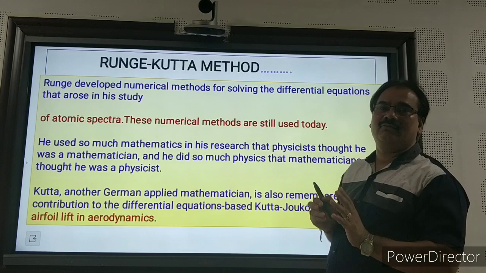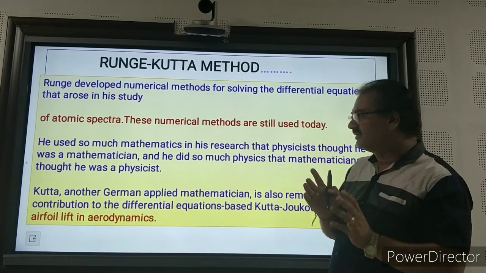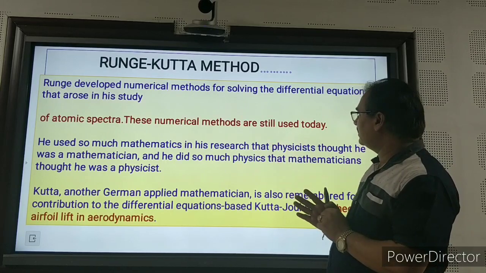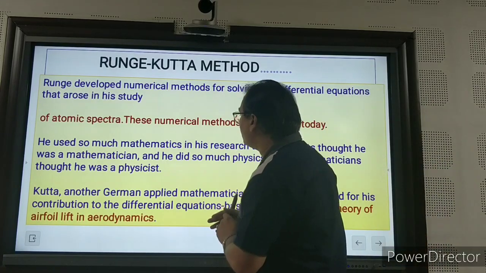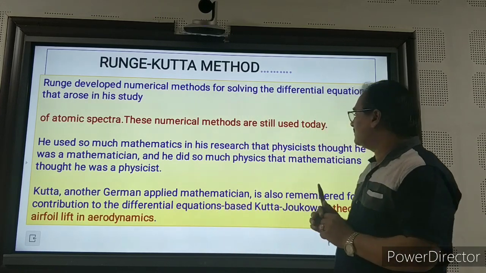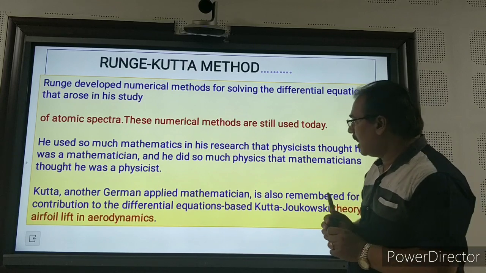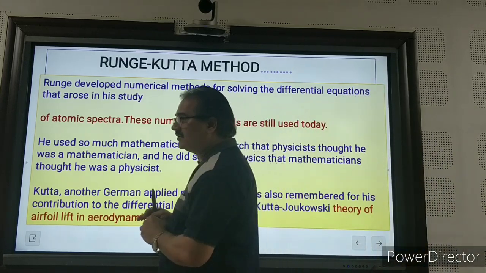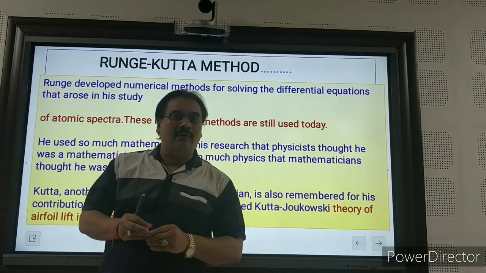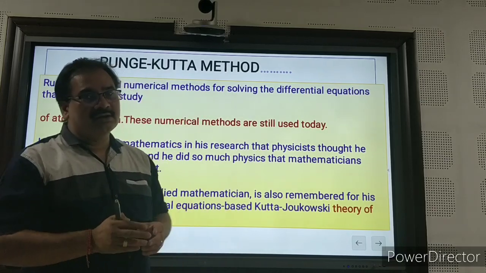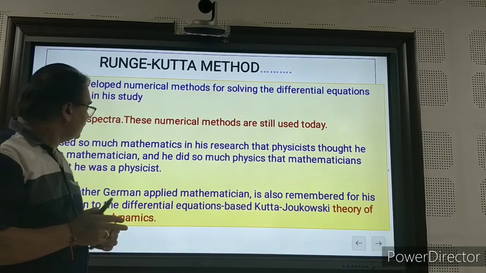This method, invented by both of them, still works very nicely in the area of atomic spectra. He used so much mathematics in his research that physicists thought he was a mathematician, and he did so much physics that the physicists and scientists of that time thought Runge was a physicist.